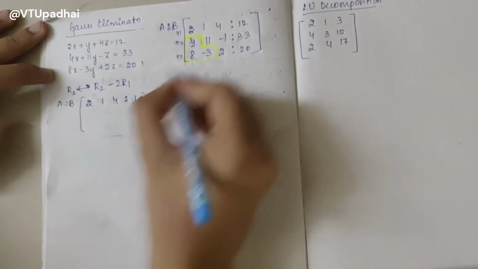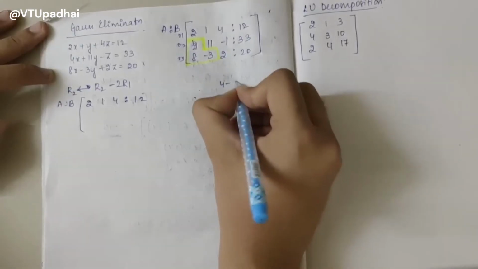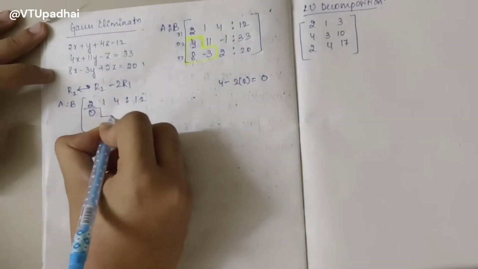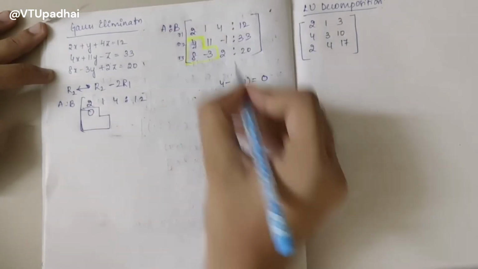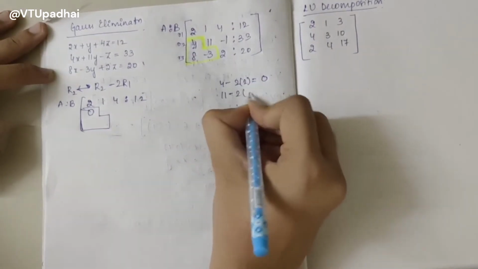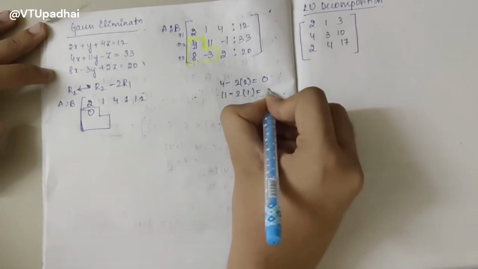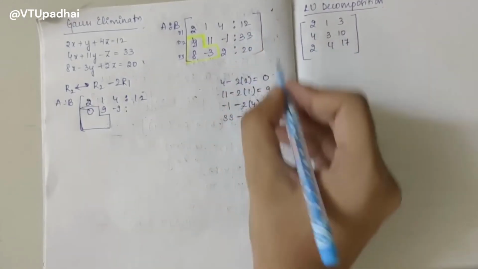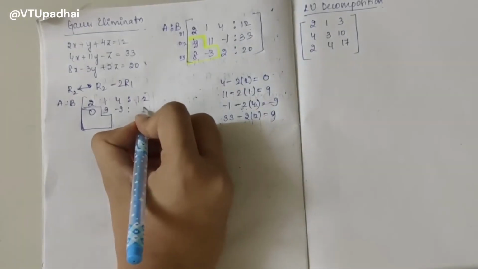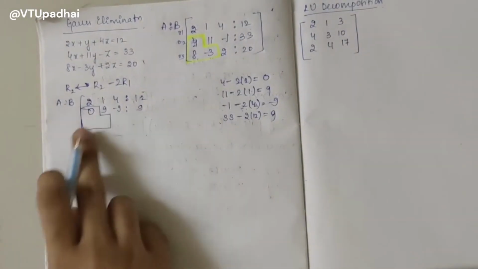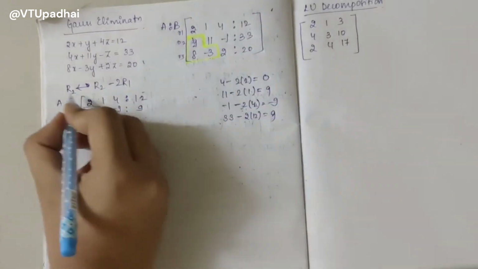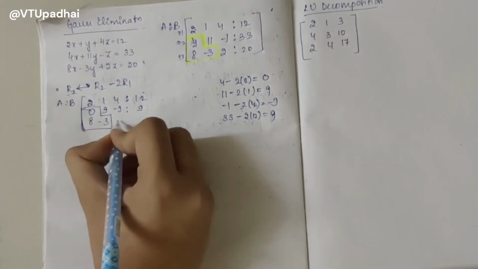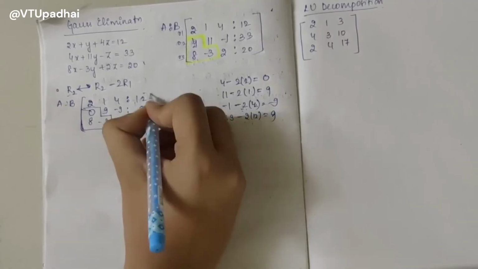Here I get 4 minus 2 into 2, that is 0, so I'll write 0 here. Next, here I have 11, so 11 minus 2 into 1, I get 9. So I'll write 9 here. 12 minus 2 into 1 is 10, that is, 33 minus 24 is 9. So I'll write 9 here again. Now I'll write this part as it is because I've performed the operation only on R2, so 8, minus 3, 2 and 20 here.